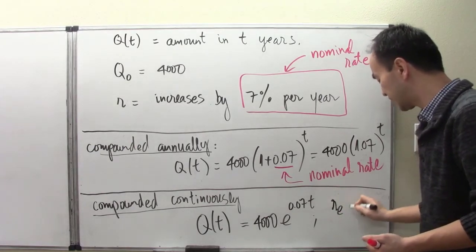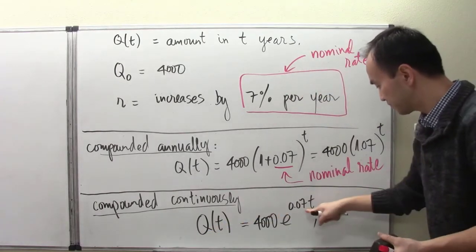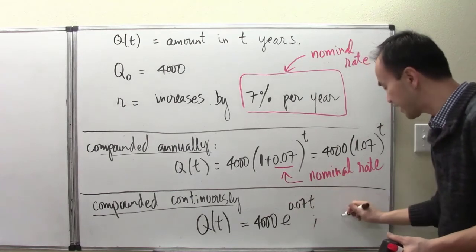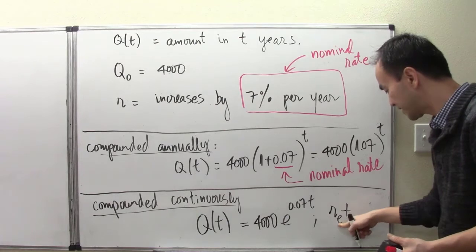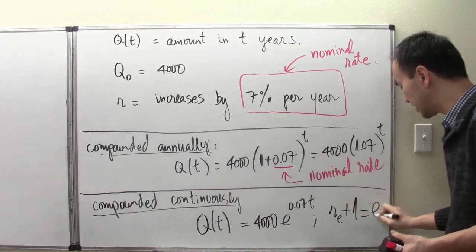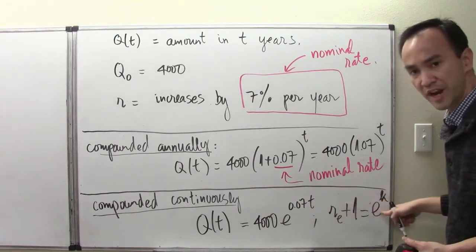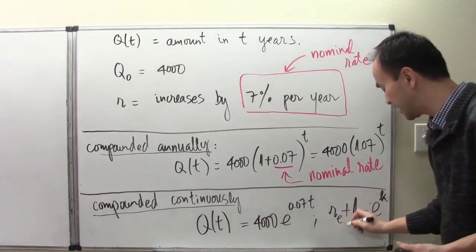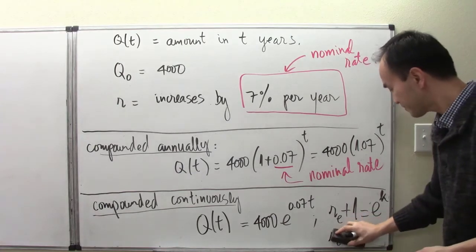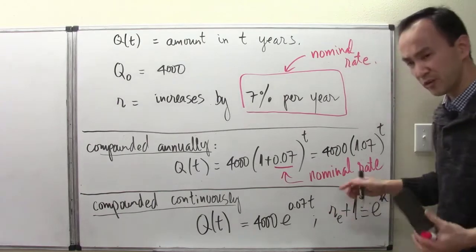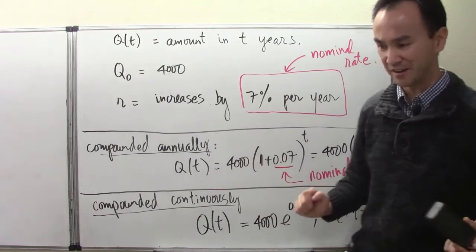The effective rate is related to the nominal rate through the equation: effective rate plus 1 equals e to the k, where k is our nominal rate. That's why in this problem we can easily recalculate. I'm running short of space, so let me quickly swing over to the other board and do a quick calculation, and I'll come right back here.